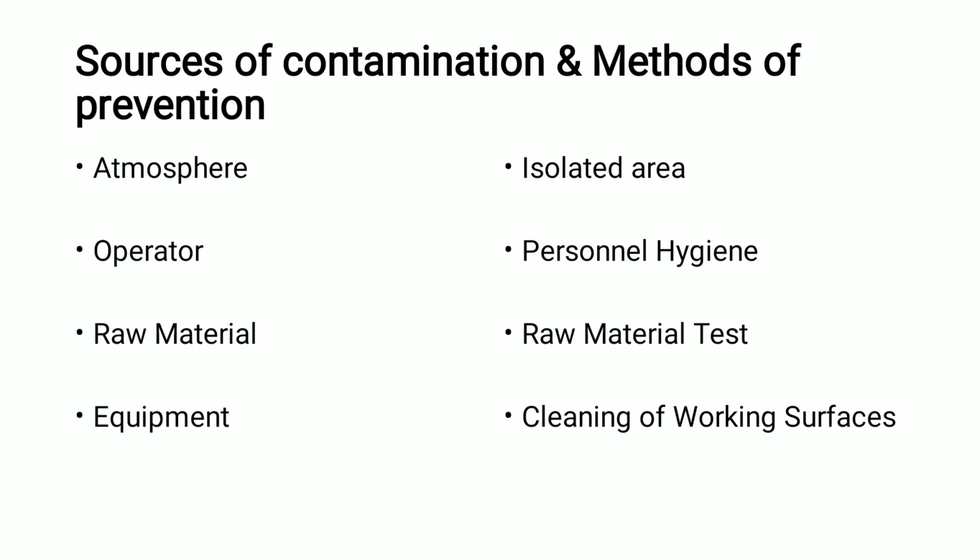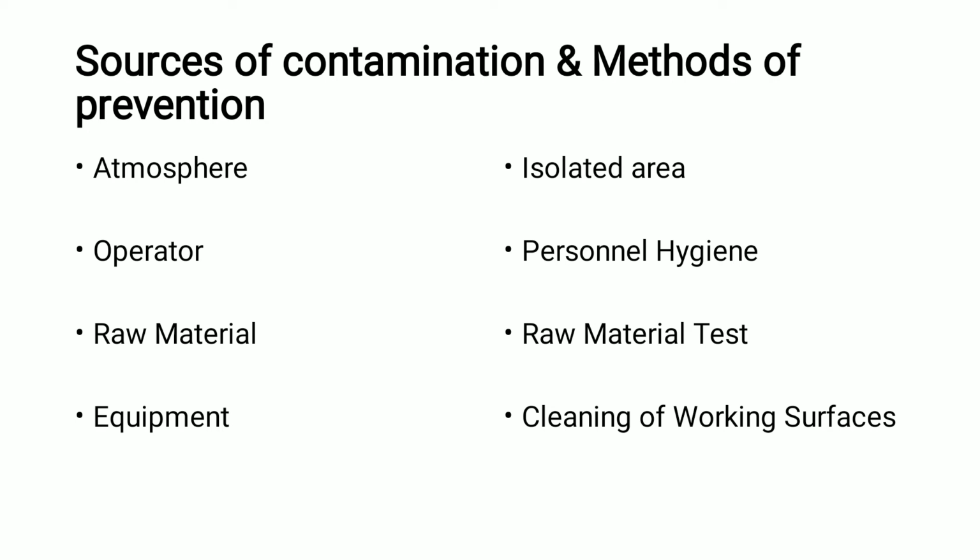Next point is sources of contamination and method of prevention. In sources of contamination, there are a number of sources we can observe which can influence the aseptic area. The first one is atmosphere. Whenever we are talking about atmosphere, it is not the normal environmental condition, but the atmosphere present nearby to that surrounding area, nearby to that aseptic area.